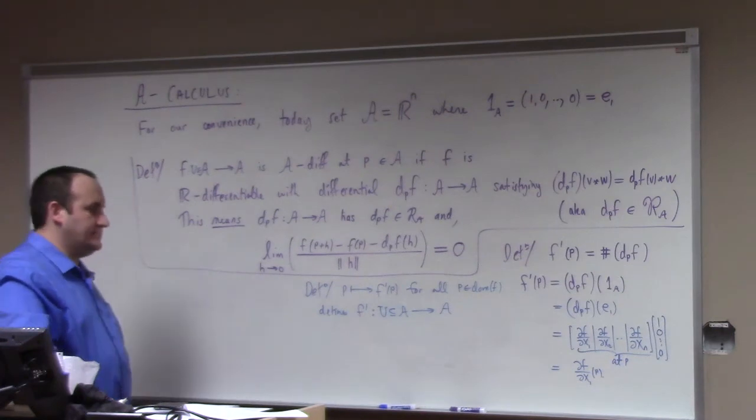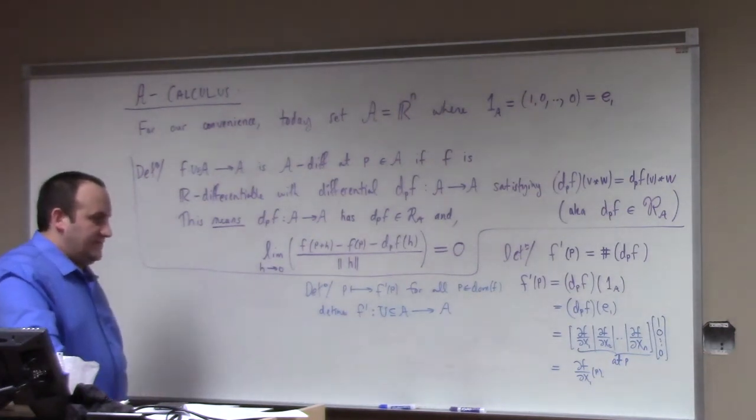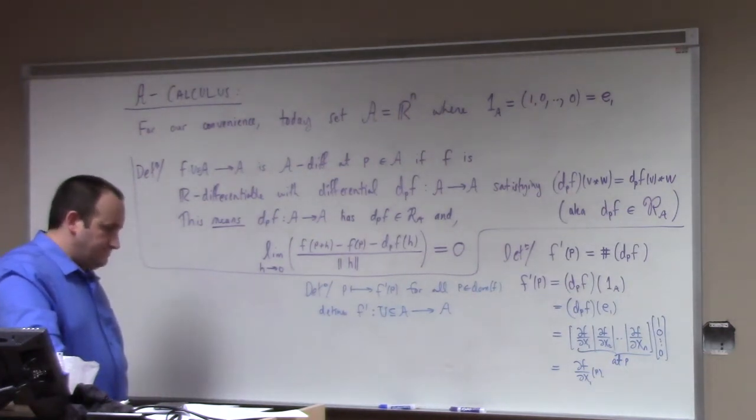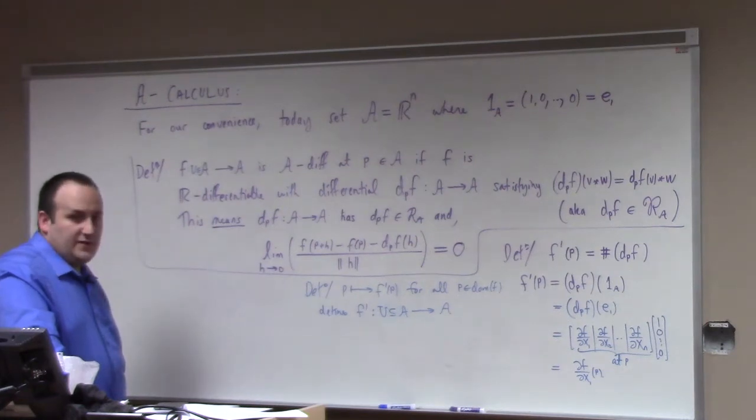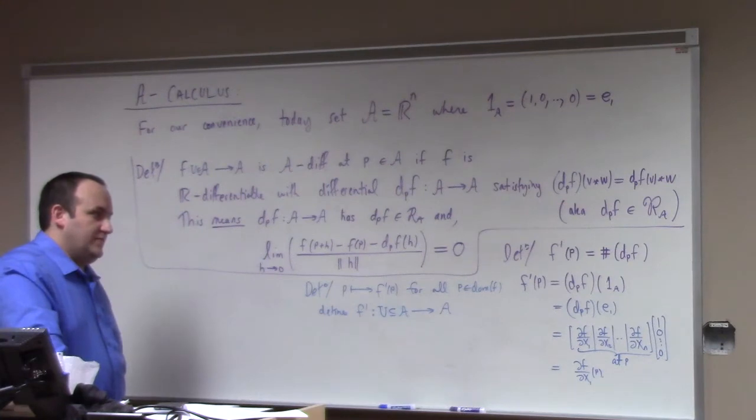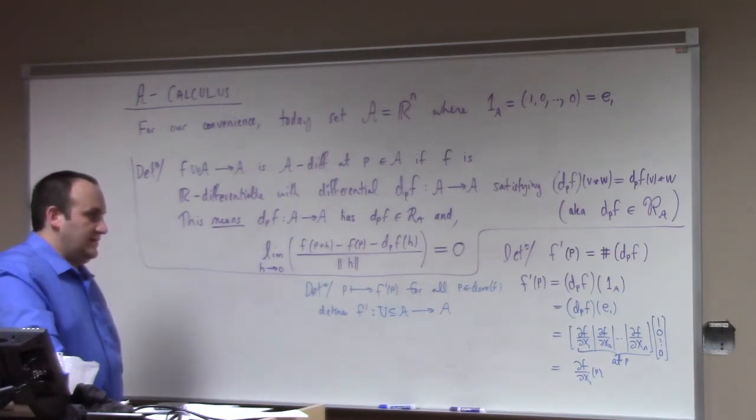And so we define the derivative at a point, and then we can derive the derivative function because there's a natural correspondence between the differential and the algebra. This allows us to assign an algebra element for each point.